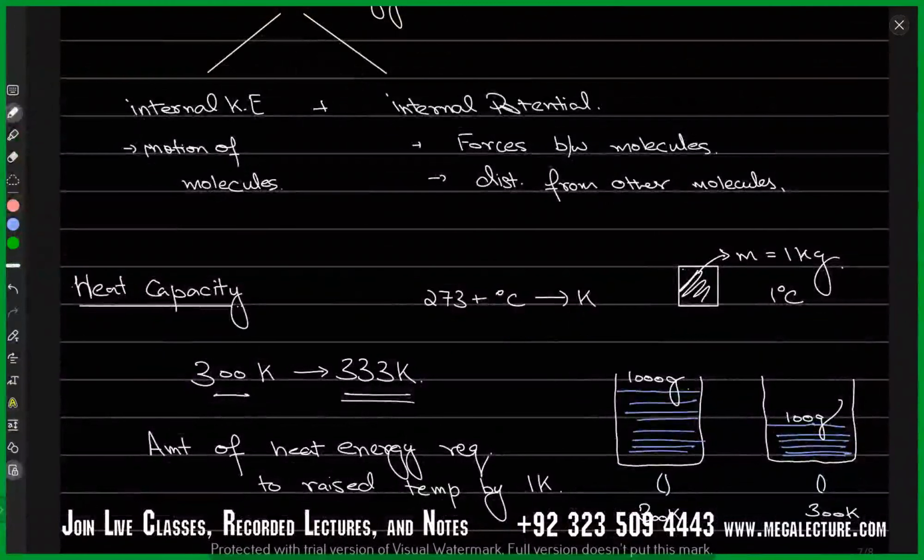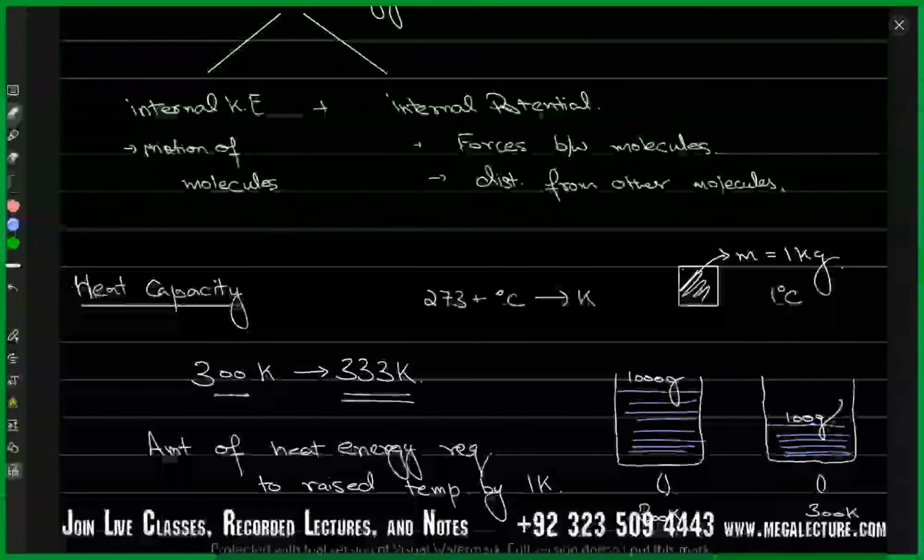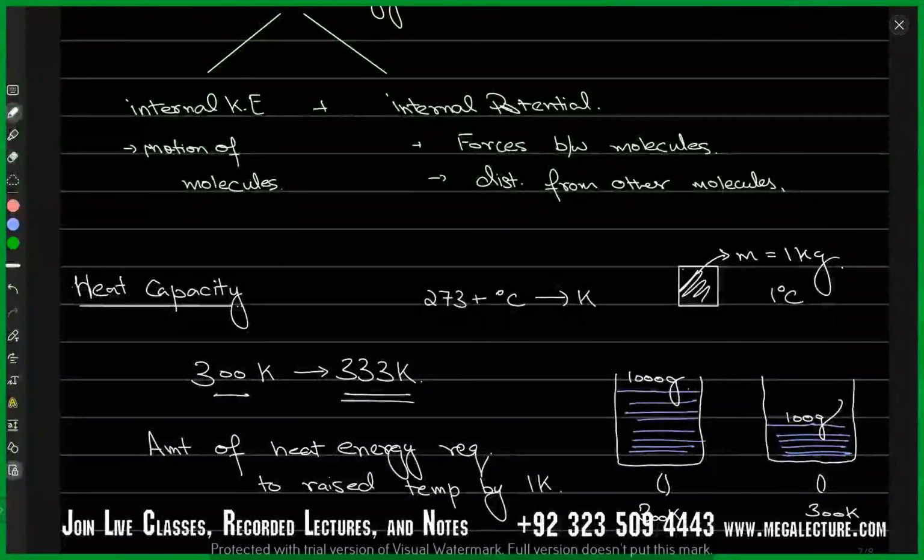In this example of the beakers, what did the heat capacity depend upon? Mass, exactly. For 1,000 grams of mass it was different compared to 100 grams, and that's where the idea of heat capacity came from. So it depends on the mass of my substance.